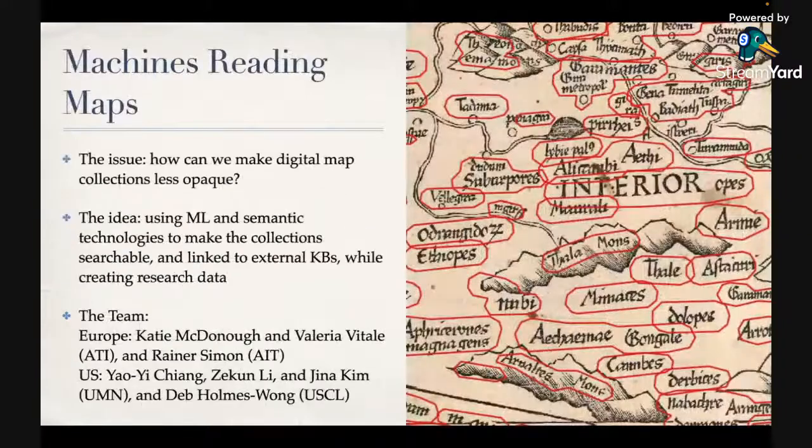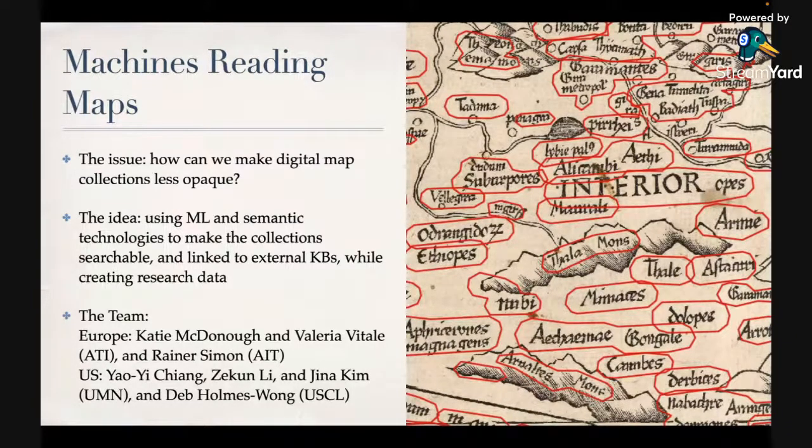So let's get started with the project, Machines Reading Maps, which is an international collaboration funded by the AHRC in the UK and the NEH in the United States, and was born to address an issue in digital cultural heritage. The issue is that maps are full of historical, anthropological and environmental information, and there is a great appetite for map collections to be digitized and made available.